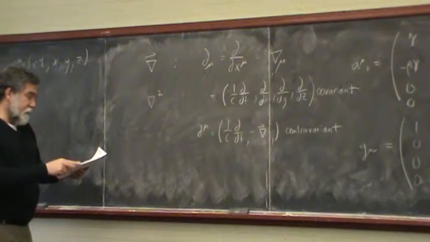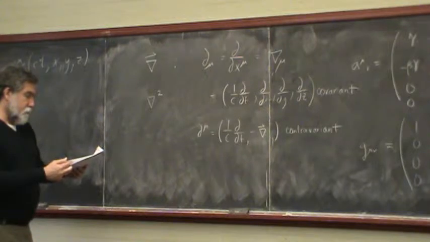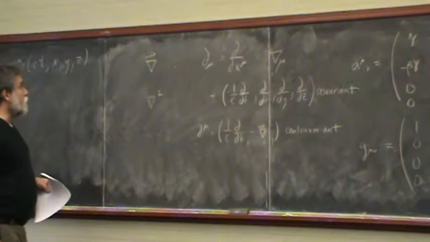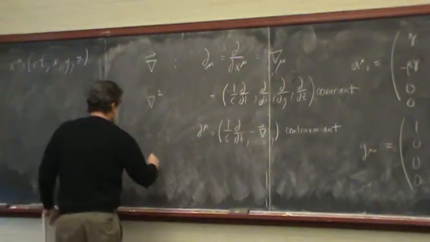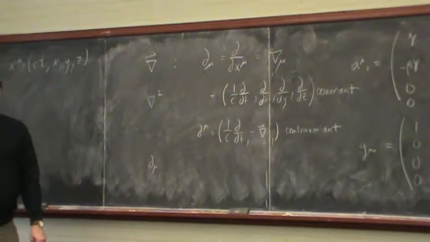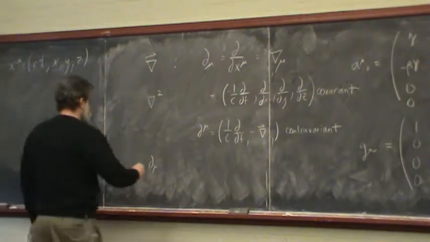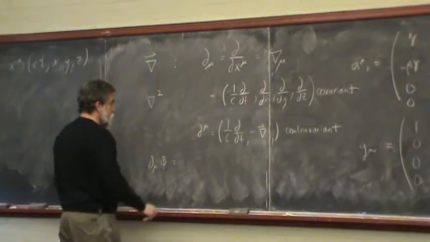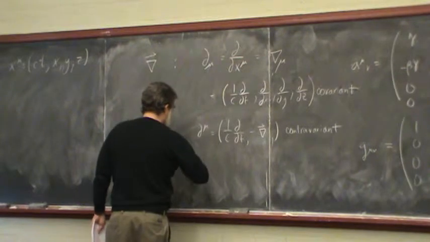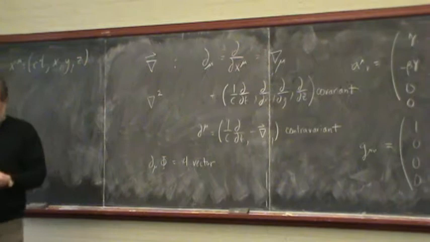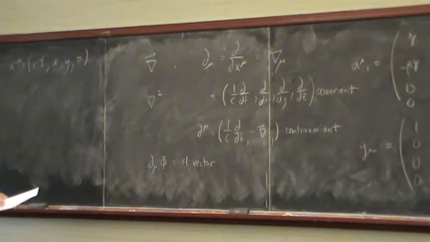I don't think I need to say too much more. Let me comment, though, that when the del operator operates on a scalar field, phi, for example, that's going to result in a four vector.